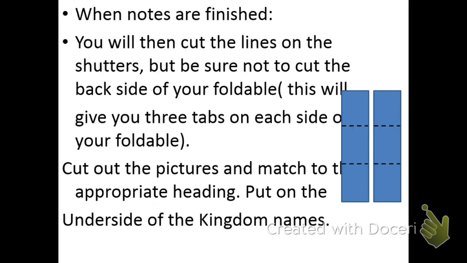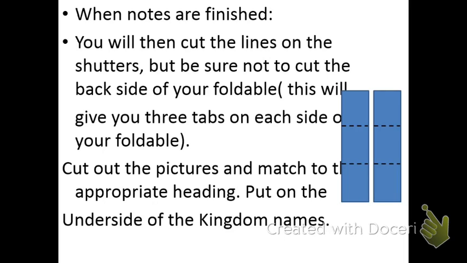But right now I need you to get your pictures done, and then I'm going to bring you a set of kingdom classifications for you to work on. You've got 12 statements, and you're going to have to read the characteristics under the statements and decide what kingdom it's in.